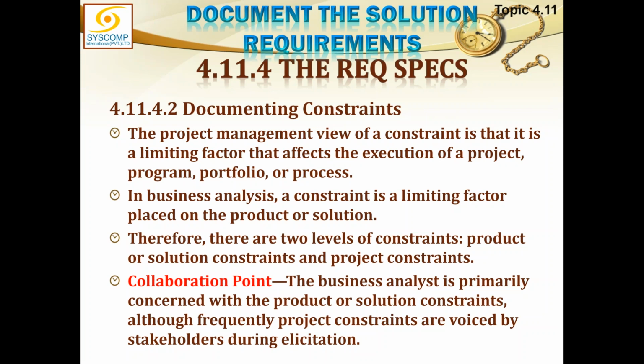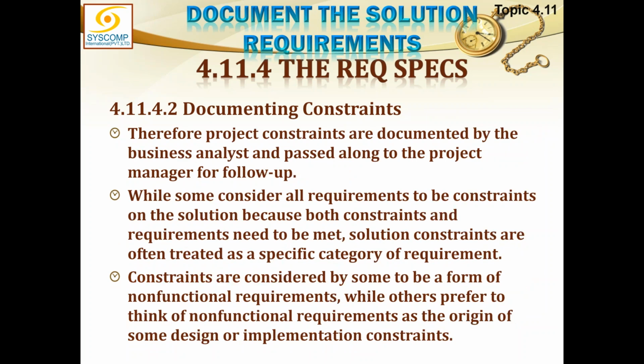The collaboration point here is the business analyst is primarily concerned with the product or solution constraints, although frequently project constraints are voiced by the stakeholders during elicitations. Therefore, project constraints are documented by the business analyst and passed along to the project manager for follow-up. So these project constraints will be inherited by the project manager.